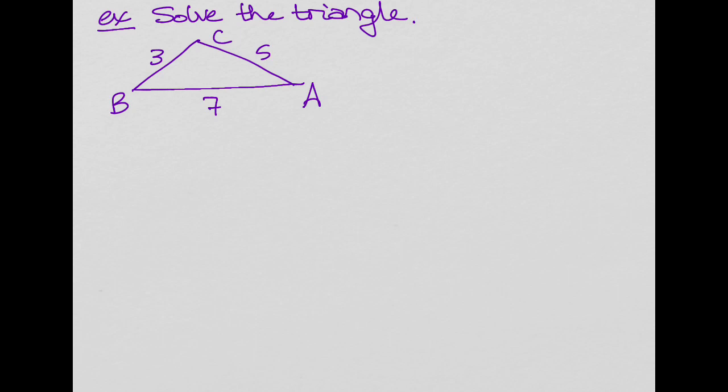We have three sides and you can pick any one of them. If I start out with this side information, I'm going to start with the biggest angle, which is opposite the longest side. I'm going to do that every time. The reason for that is cosine values are positive for acute angles and negative for obtuse angles.